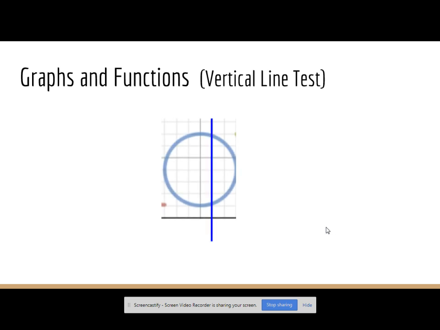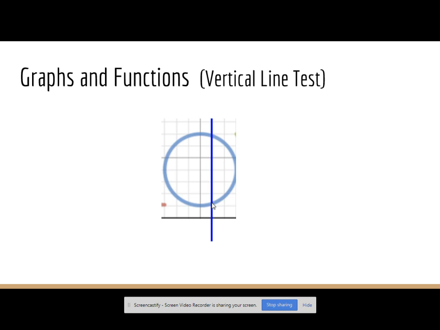A circle. So we've got this circle shape. If I draw a vertical line through the circle, it crosses the graphed line, the circle, 2 times. We're not counting the x-axis because that's not the graphed line. It crosses the circle, though, twice. So if I put 1 into my relation, if I put 1 in as x, I get 2 different results. 1 goes in, and 1.9 maybe comes out.